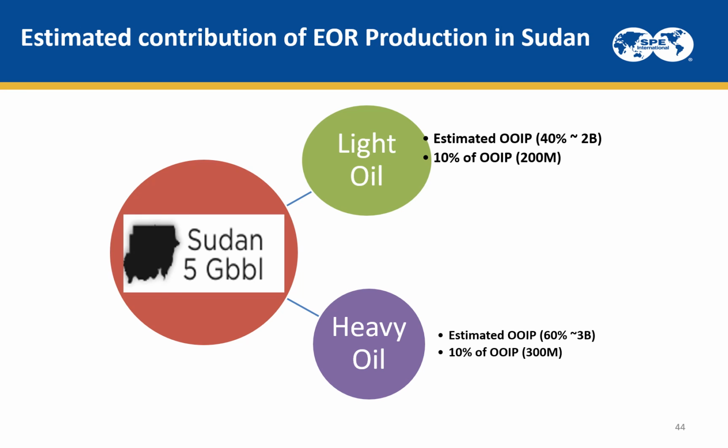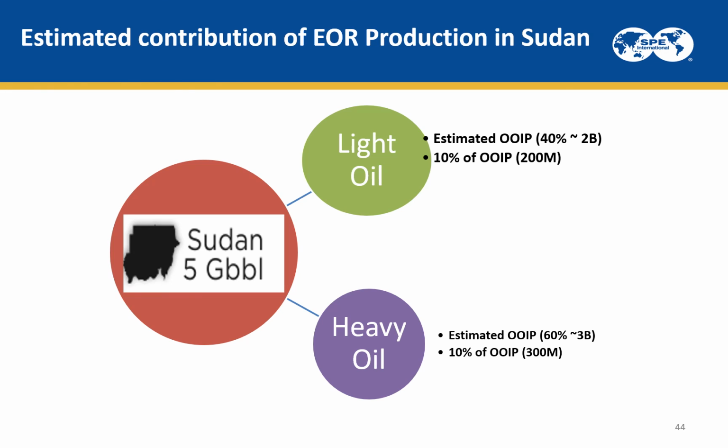The estimation for the contribution of EOR production in Sudan, as per the report, is that Sudan has 5 billion barrels. So if we assume that 40% of the total oil in Sudan is light oil and 60% is heavy oil, then 40% of this oil means we are talking about 2 billion barrels.